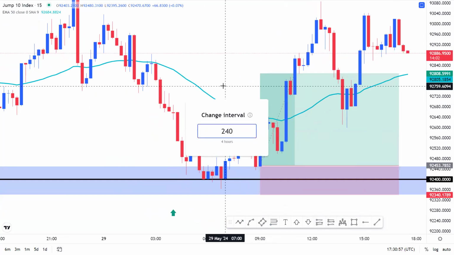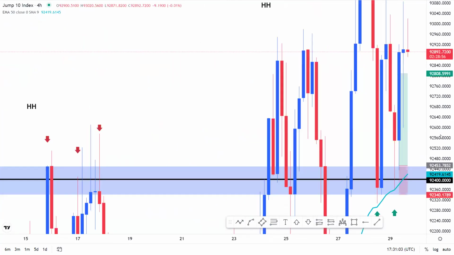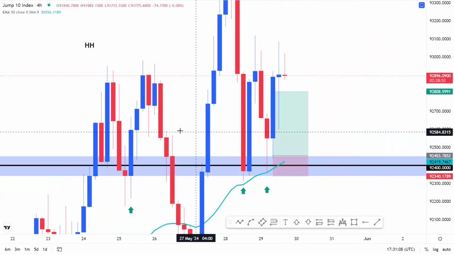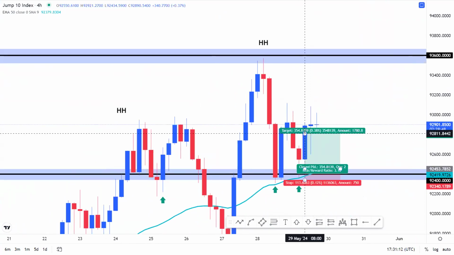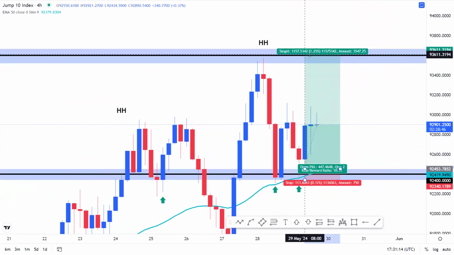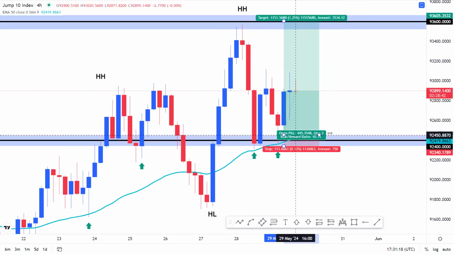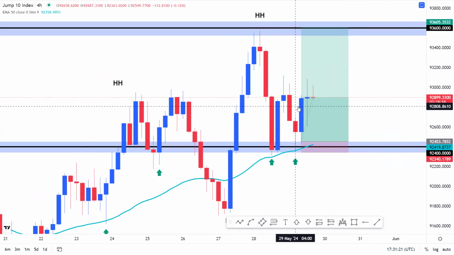And then we'll be holding our remaining buy positions for overall take profit targets. So clearly we have closed a few trade positions for a 1 to 3 risk to reward.